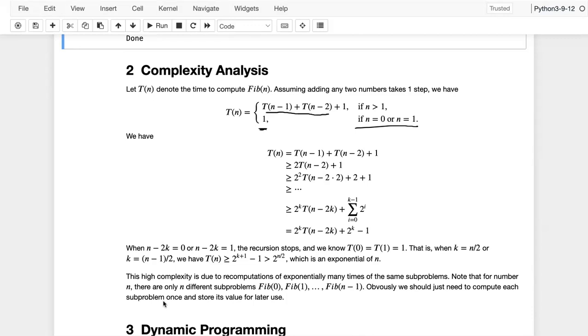So this is just the time. We have to compute both of them, so this is for time. And this one comes from the actual addition.